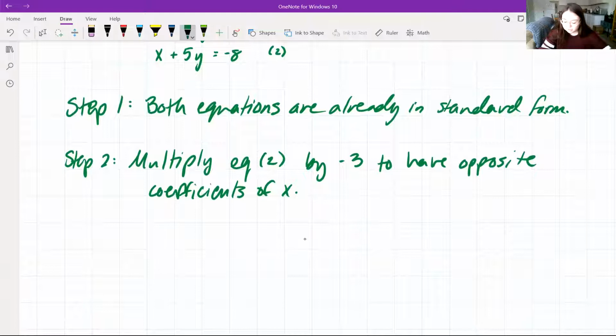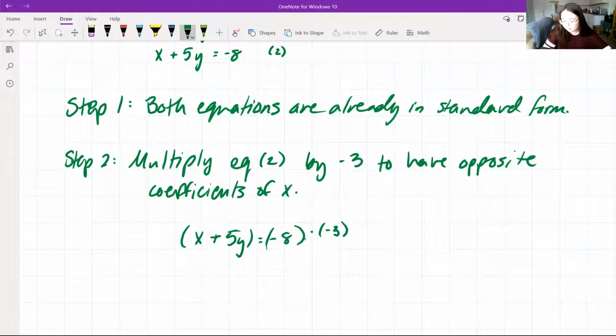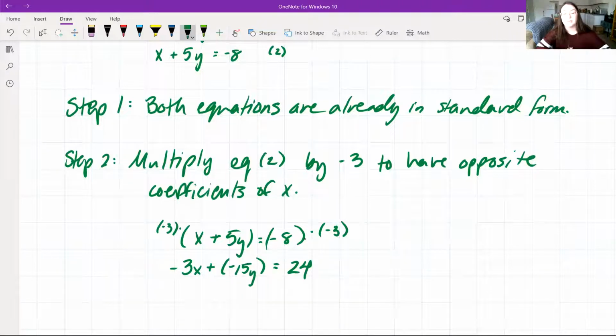So we multiply equation 2, which is x plus 5y is equal to negative 8, by negative 3. And this is going to give us negative 3x plus negative 15y is equal to 24.